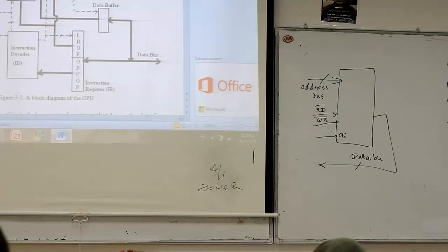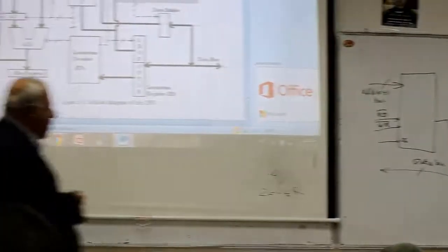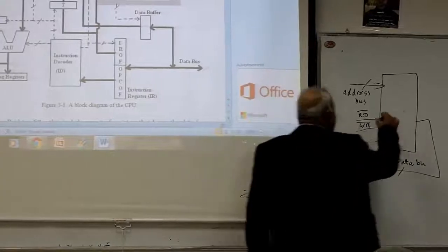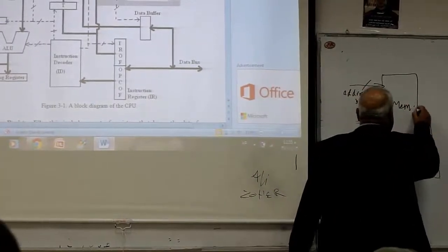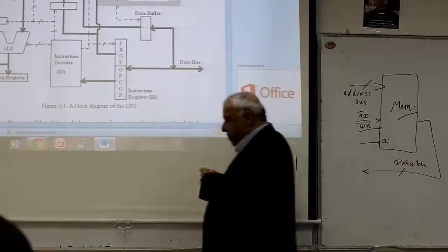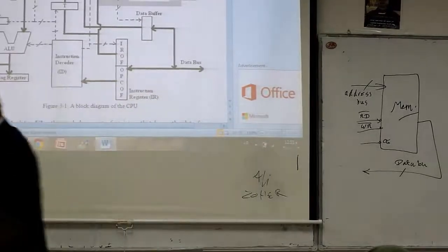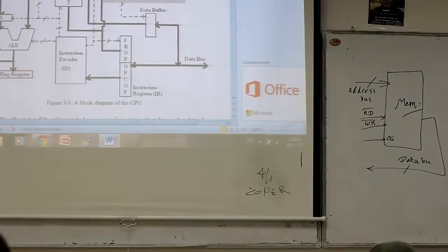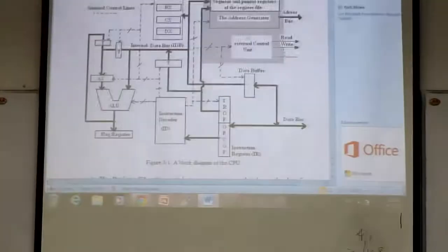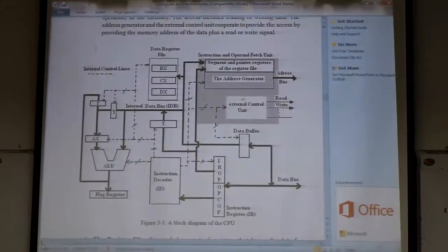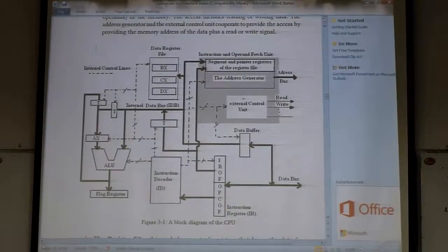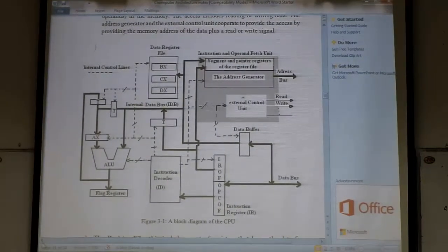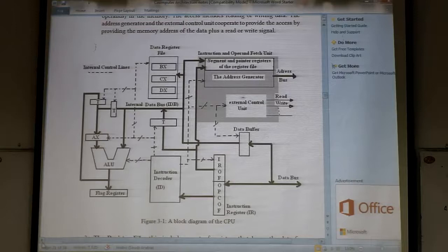This is the CPU and that is the memory. So we present the address to the memory, and of course it must be the address of the instruction.